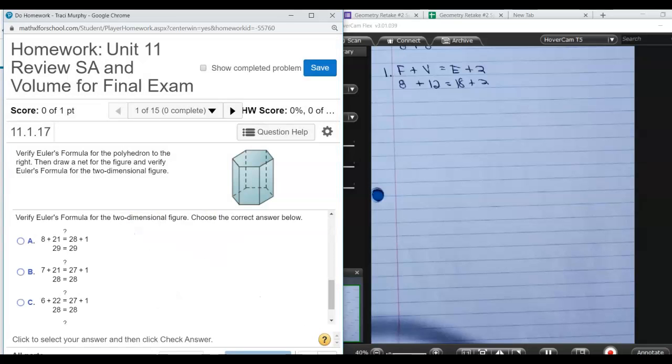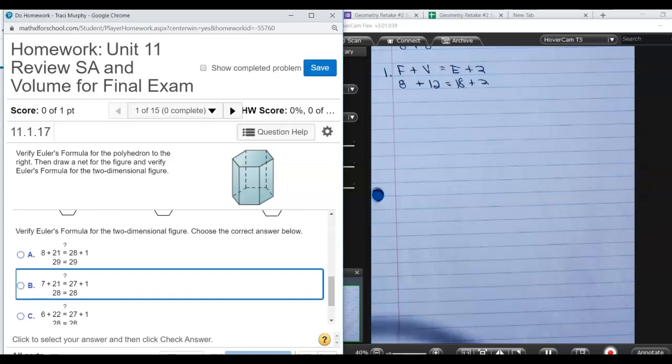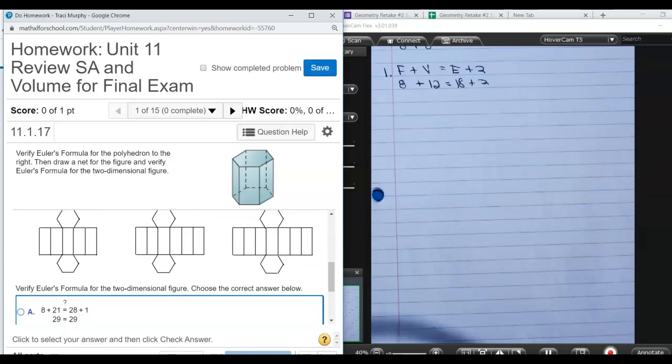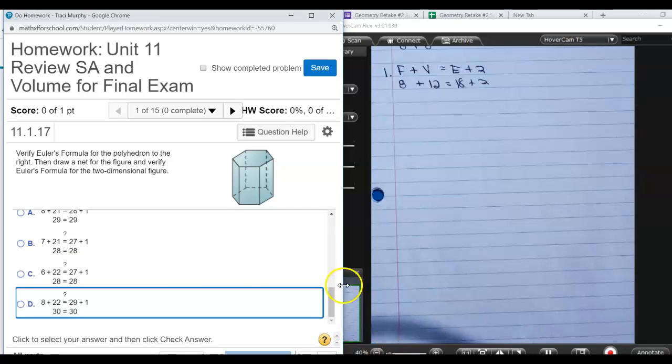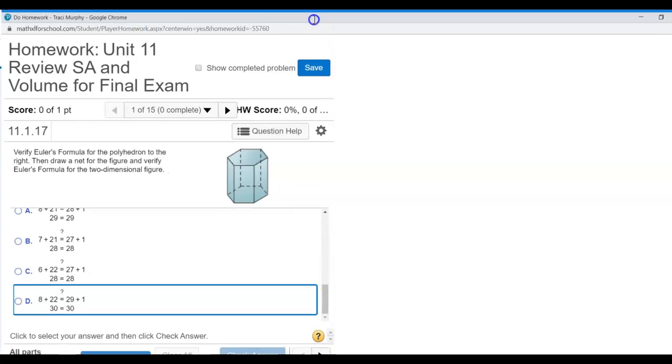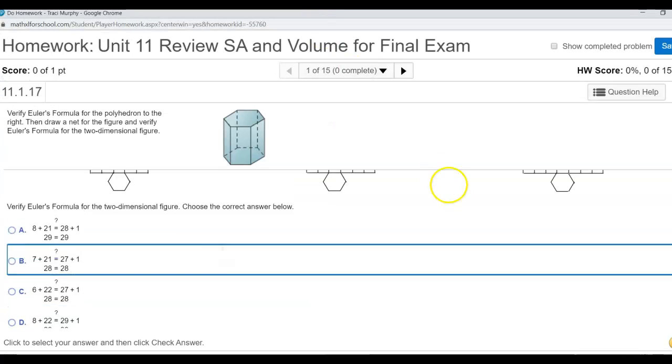It looks like we've got one more part. I thought we had just used Euler's formula for the 2-dimensional figure. I'm wondering if I'm missing half of my picture here.